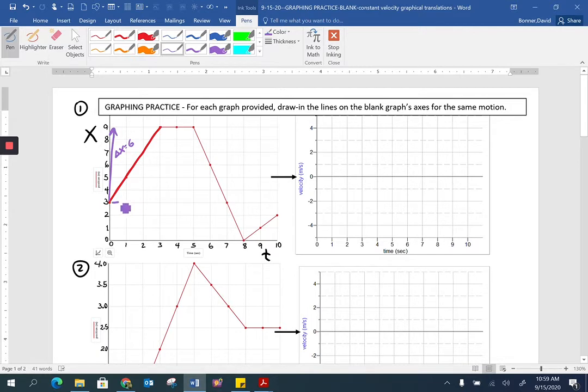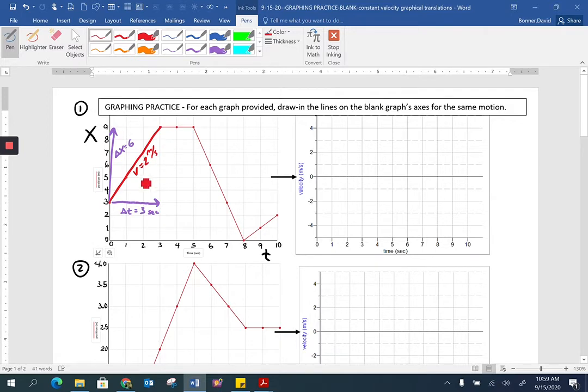The run would be from time equals 0 to time equals 3, so our change in time would be 3 seconds. So 6 meters over 3 seconds, the rise over run, will give us a speed of 2 meters per second.